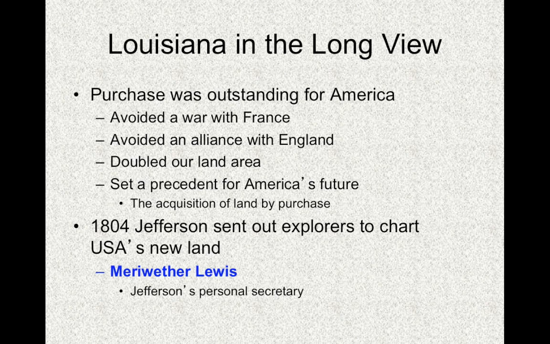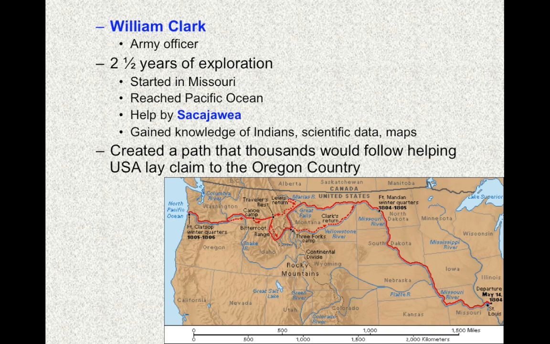Now, in 1804, Jefferson sends out 2 explorers to chart the U.S.'s newfound land. One is his personal secretary, Meriwether Lewis. I love that name. And the second one is William Clark, who's an Army officer. Now, the expedition takes about 2.5 years. It starts off in Missouri, reaches the Pacific, and Lewis and Clark are aided by Sacagawea.